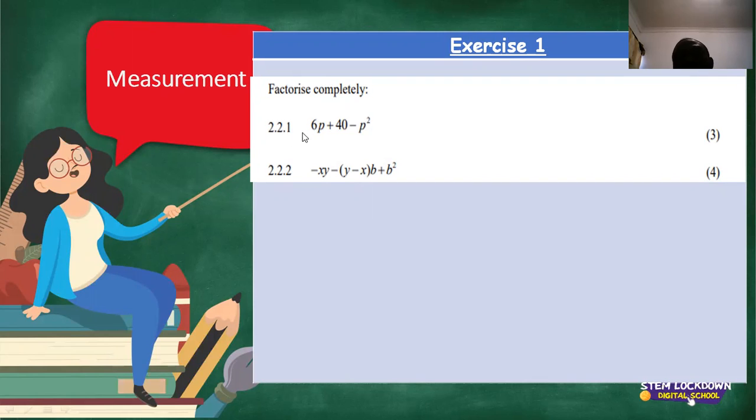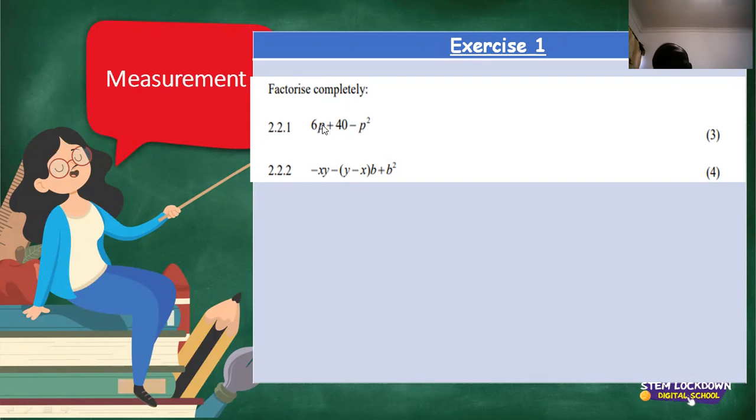So take out -1 in a bracket, then you have positive p squared minus 6p minus 40. Then we can factorize by looking for two numbers such that when we multiply them, we get -40, and when we add them, we have -6.